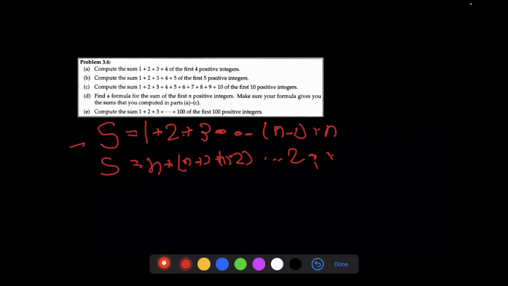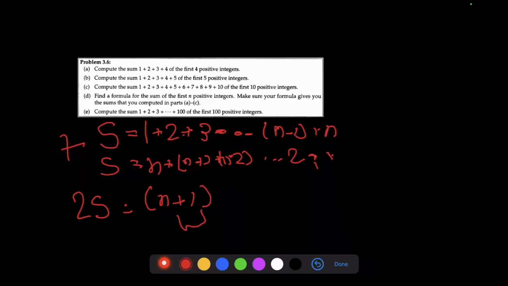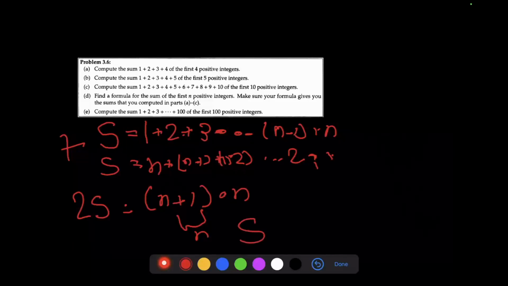If you add these, you get 2 times the sum is equal to n plus 1, and this happens n times. So you get n times n plus 1. And the sum is equal to n times n plus 1 over 2.